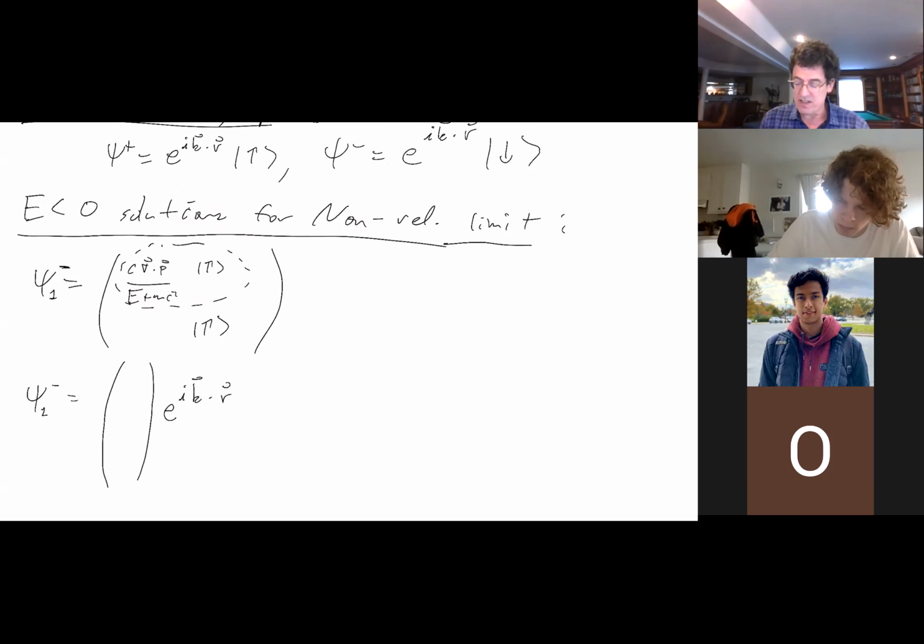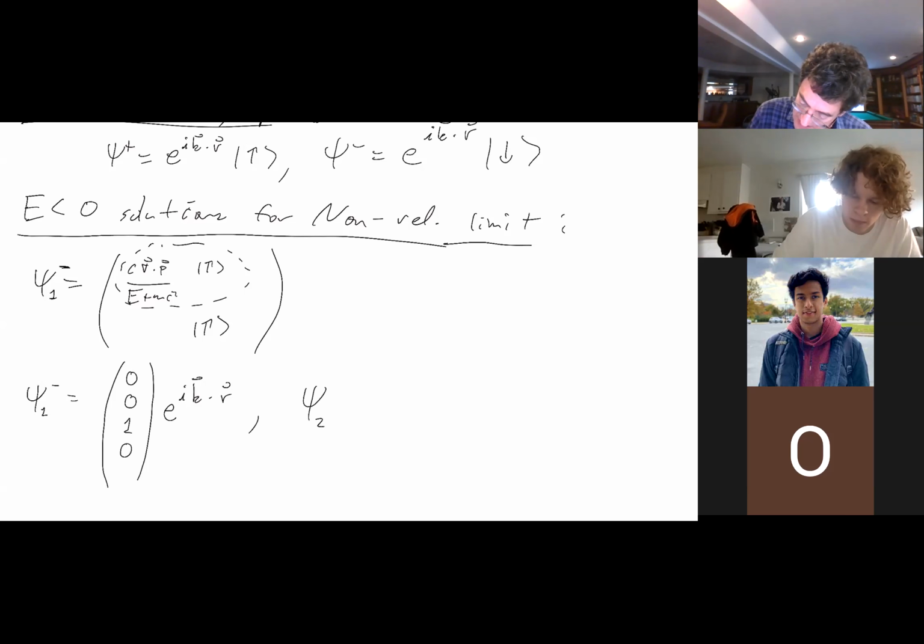What do you think that four vector is going to look like? Tell me. 0, 0, 1, 0. Exactly. And what do you think my second negative solution is going to look like? I'm going to have a four vector times a plane wave. What is it going to look like?